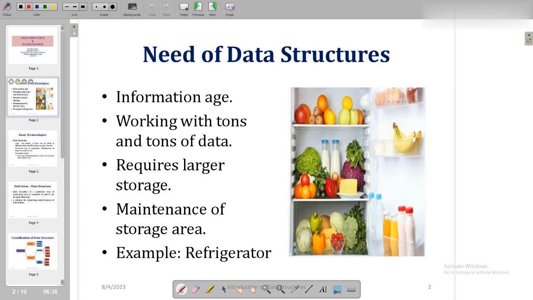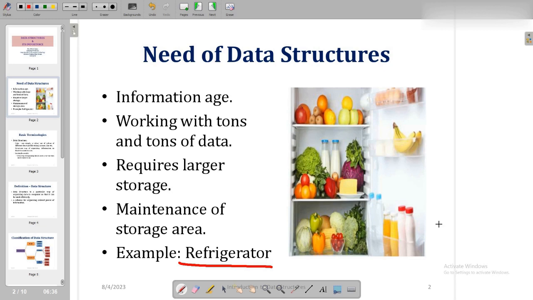Before getting deeper into this, consider a small example, that is a refrigerator. In all the houses, we have a refrigerator. Daily we are storing some set of items in the refrigerator. But in all the houses, they may follow some principles on storing these things.